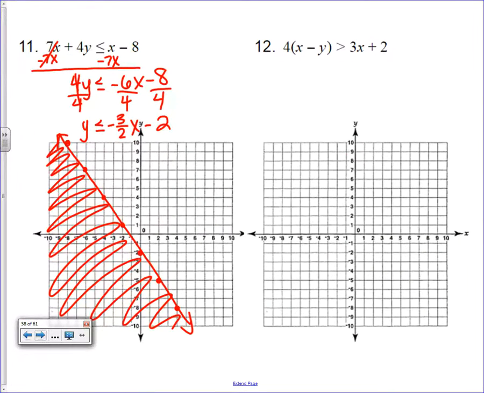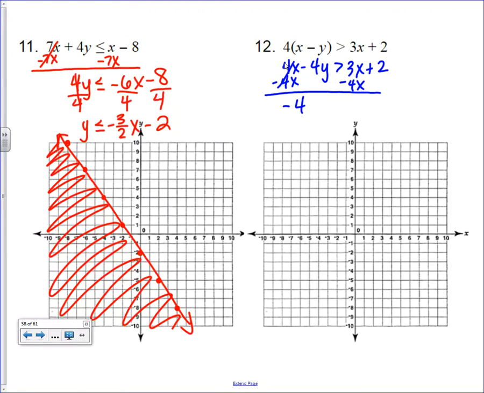What am I going to do here in number 12? What do you guys think? Distribute. All right, now I got to isolate that y, so what am I going to do next? Subtract the 4x over.